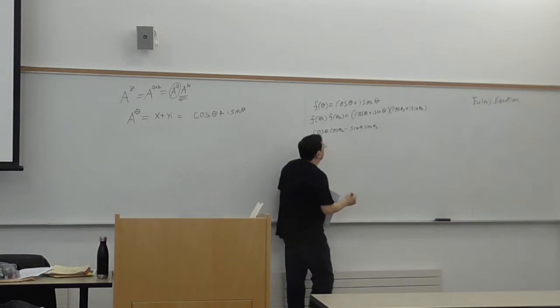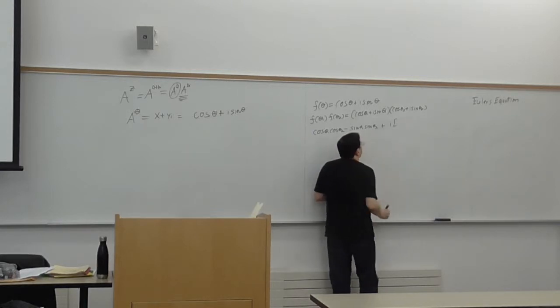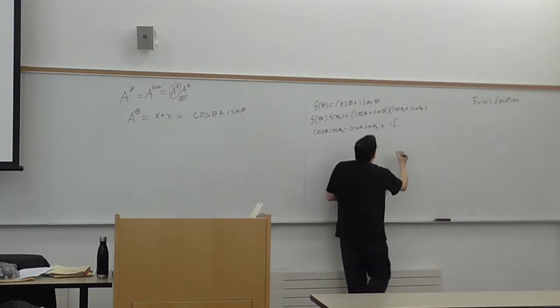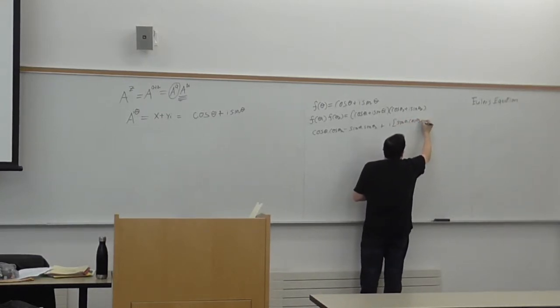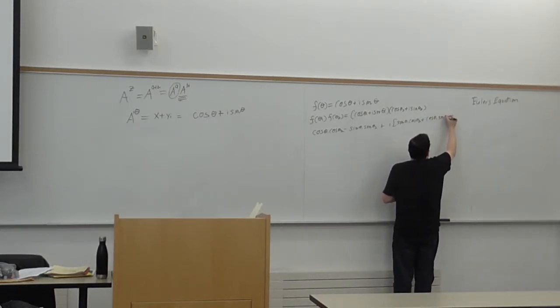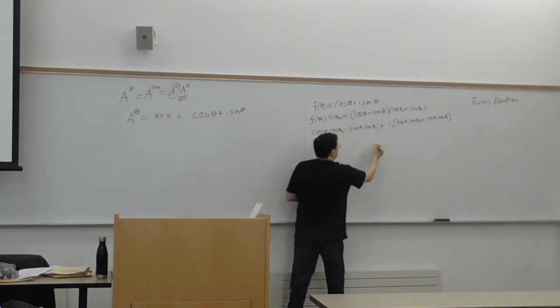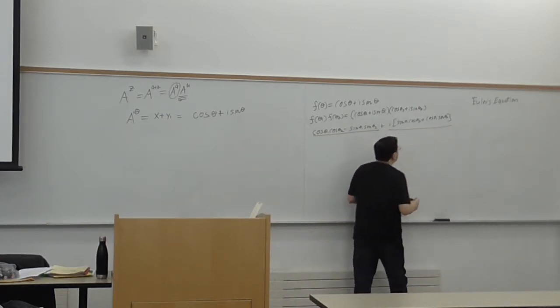The inner and the outer both have a factor of i. So I'm going to factor that out right at the beginning. And what am I left with? I'm going to have sine theta 1 cosine theta 2 plus cosine theta 1 sine theta 2. And now I'm going to look at these two groups independently.